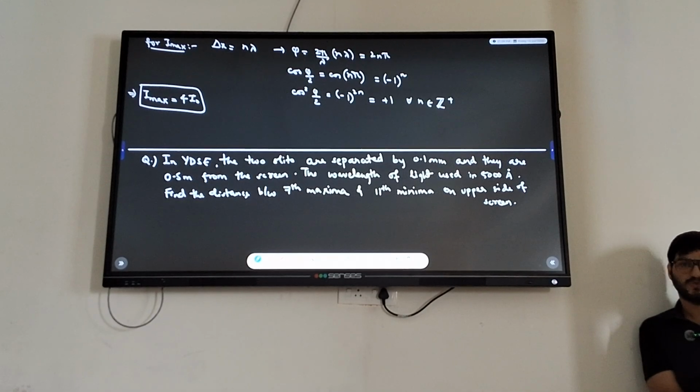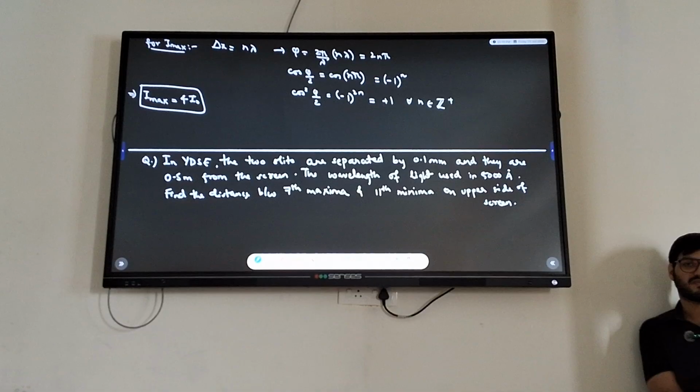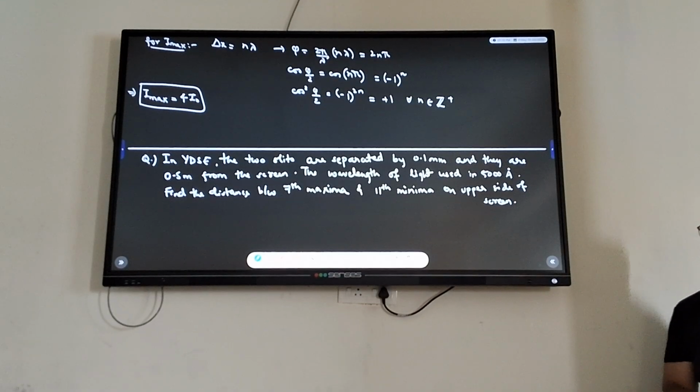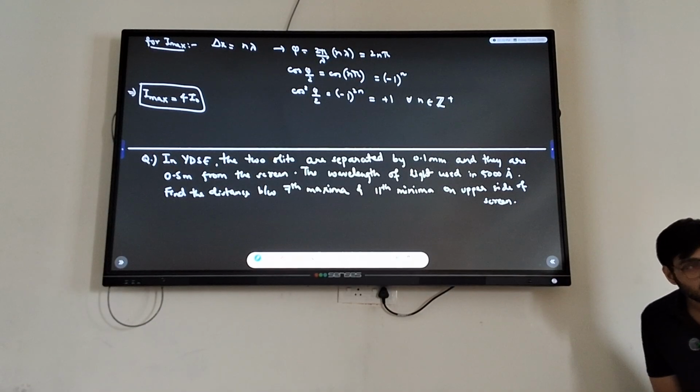Zero point 825. गलत. डिवीजन वापस सही से करो. एटी.